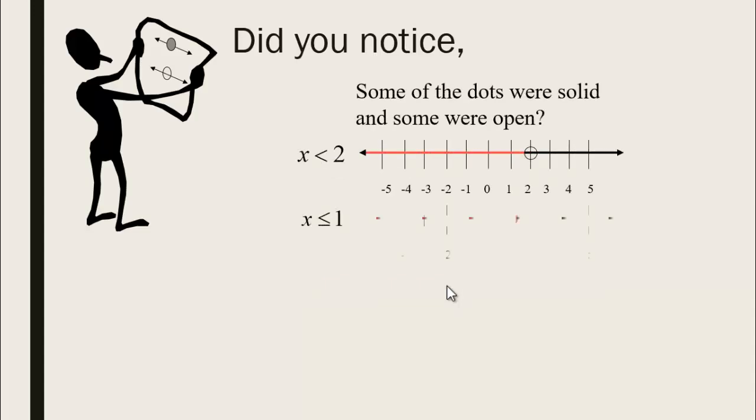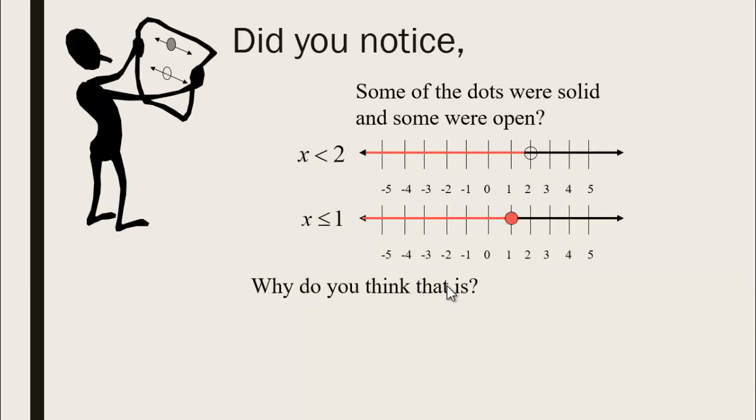Did you notice some of the dots were solid and some were open? As you can see here, when I represented x less than 2, I used an open dot. And when I represented x less than or equal 1, I used a solid dot. Why? Because here 2 is not included in my range of values, but here 1 is included inside my range of values.